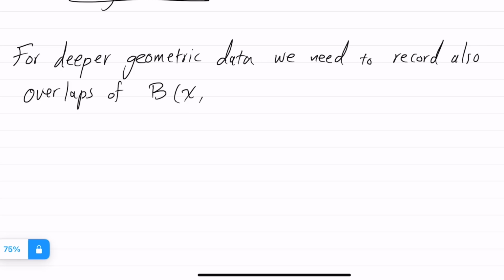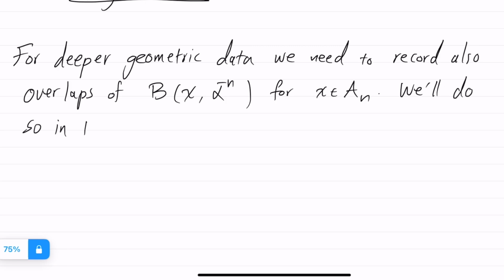And when you are in An, you are at the scale of alpha to the minus n for x in the collection An. And once we will do so in terms of a graph and edges in it.